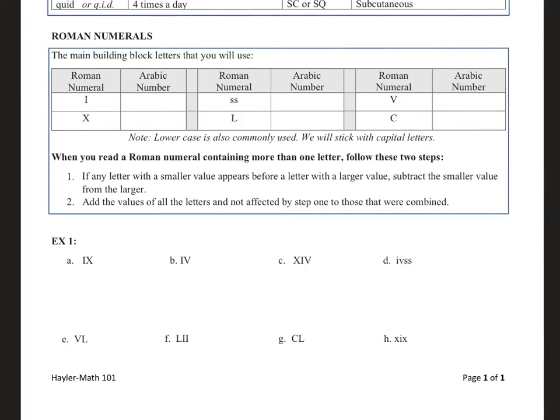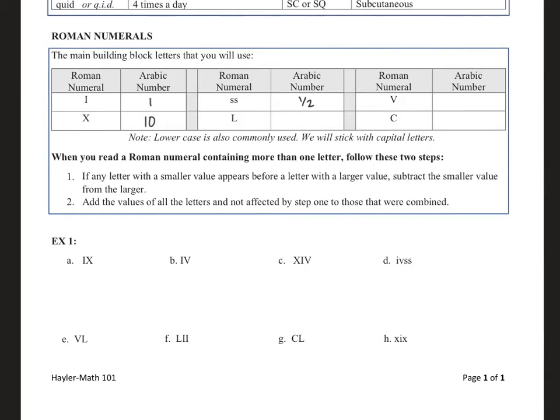So the Roman numeral I is the Arabic number 1. Roman numeral X is the Arabic number 10. And then we have the Roman numeral SS, which is actually a half. That's an interesting one I don't normally see.